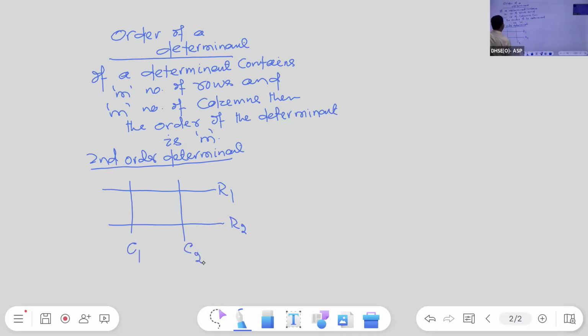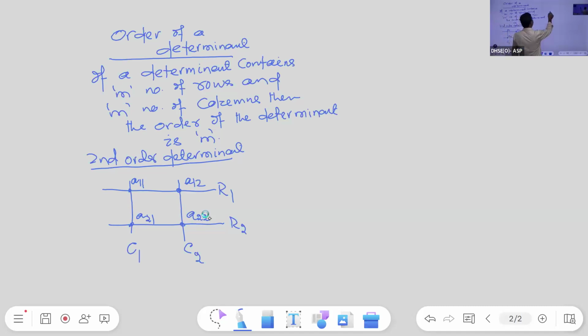The element which is present at the intersection of the first row and first column is generally denoted by A11. The element present at the intersection of first row and second column is denoted by A12. Second row and first column, A21. And the element present at the intersection of second row, second column is generally denoted by A22.